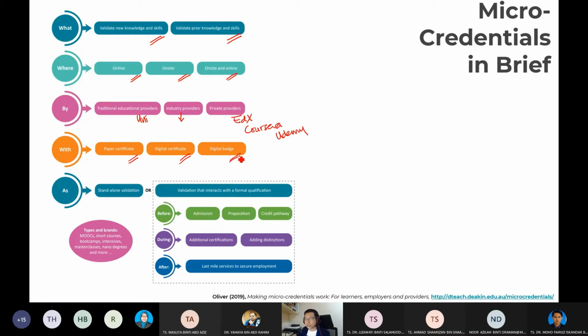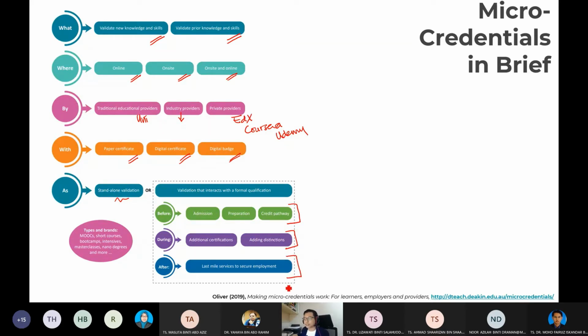How do we do this in Moodle, for example? How do we do this in Blackboard LMS, for example? So micro-credentials can be standalone. I will explain more on this later. Standalone, so just one micro-credential course, independent of others, or you can do it before the students do their degree, or during their degree, maybe semester break, or after postgraduate.